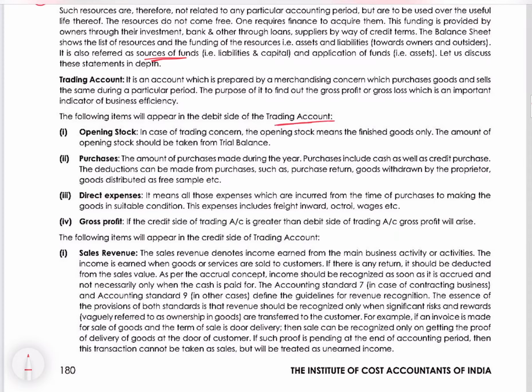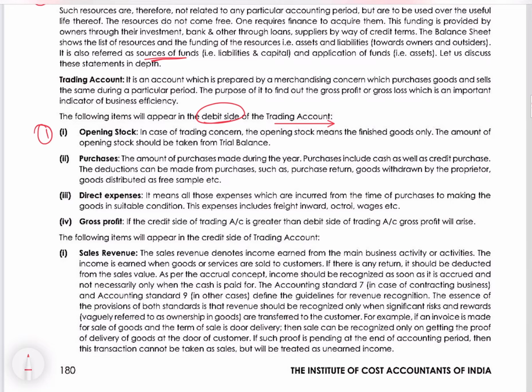In the trading account, on the debit side you will find first the opening stock. What is the opening stock? Opening stock is the finished goods in which the business is trading. So opening stock is the stock lying with the business at the start of the accounting period, and that will be shown on the debit side of the trading account.